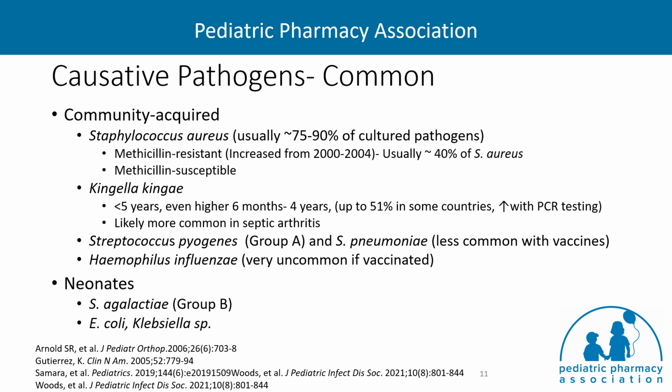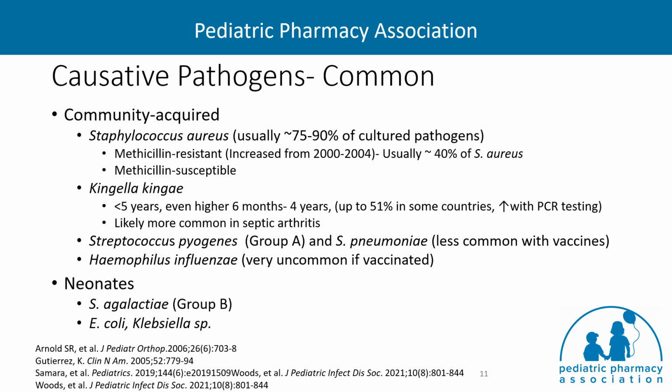There were some increases between 2000 and 2004, and probably the peak of MRSA happened in 2008 to 10-ish, and we've been going down a little bit since then, but usually we're still around 40% at most places nowadays. And it could also be methicillin susceptible.